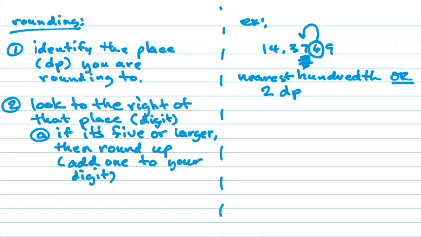So I'm going to round my 7 up or down? Up, which means simply add 1 to it. So that's going to give me 14.3 what? 8. Couldn't be any easier than that. I don't know why we have rounding issues. It's not just you guys. It happens all the way through university level.